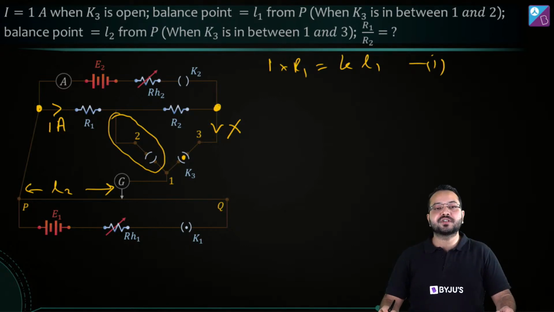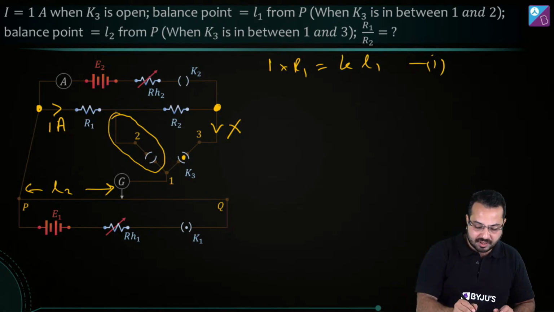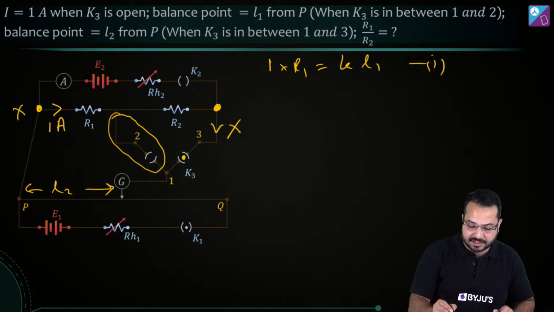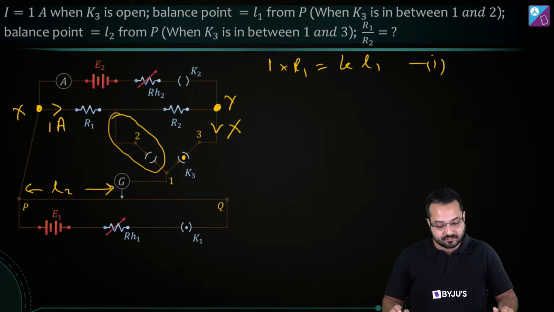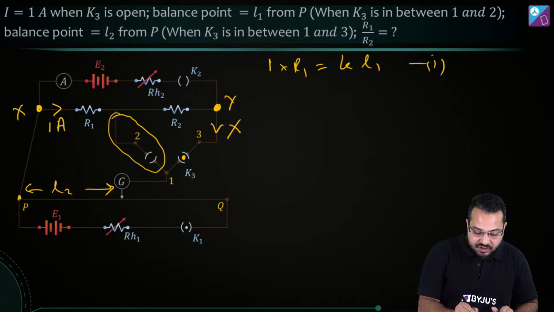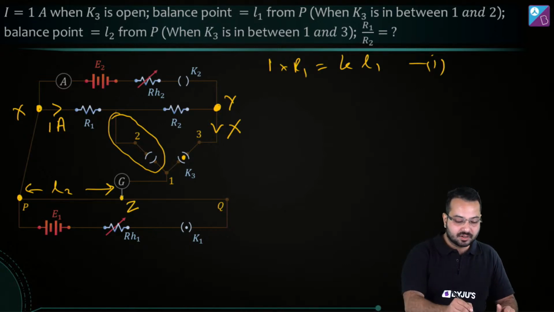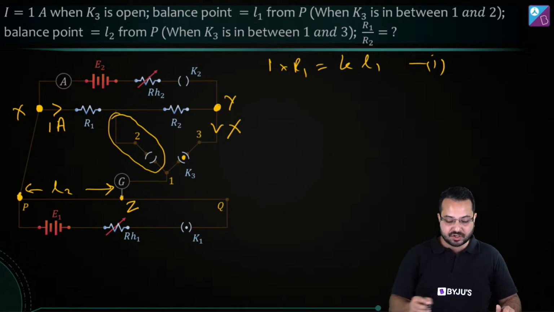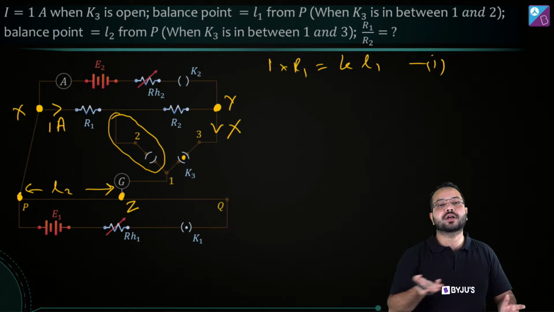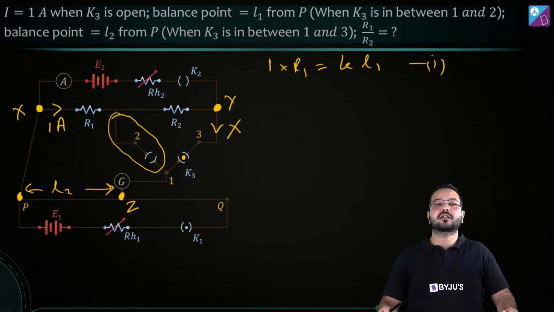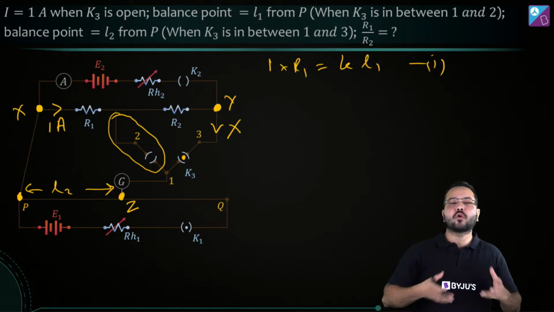The potential difference between these 2 points, let me name it X and let me name it Y. So the potential difference between points X and Y is the same as the potential difference between points P and Z. Can you see that? This point, same potential. This point, same potential. Because there is no current going through the galvanometer. Is that right?